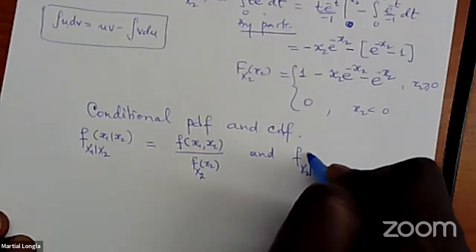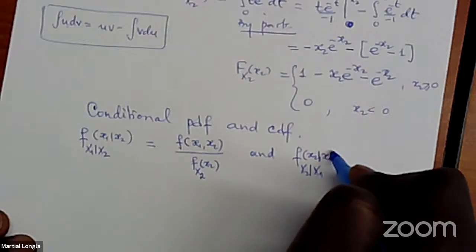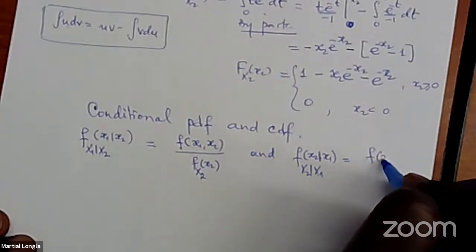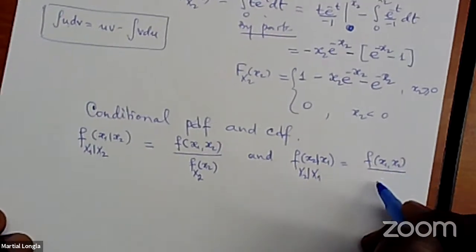f of x2 given x1 is the joint distribution over the distribution of x1.